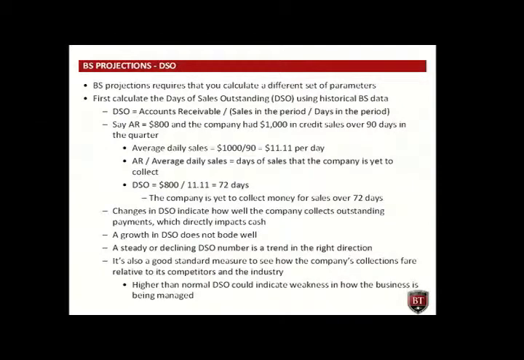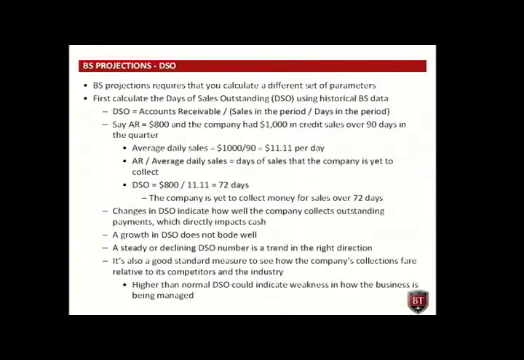So when you look at the revenue that happens in a quarter and you want to make a fairly reasonable estimate of what the accounts receivable is going to be, you can factor in your days of sales outstanding to get a sense of what the AR is going to be.